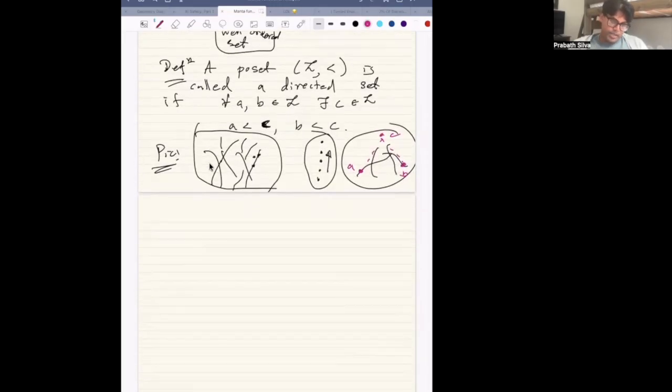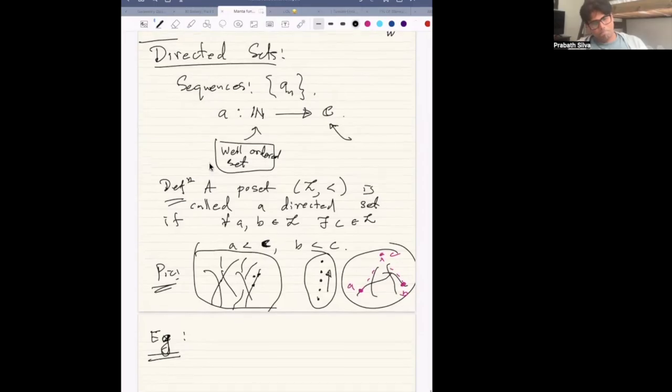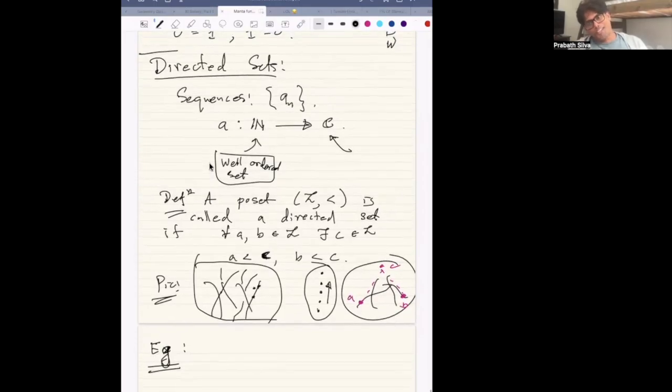So the key example here, believe it or not, you have seen this thing. We have seen, yes, you really have worked with a directed set, and we have actually computed this type of limits.